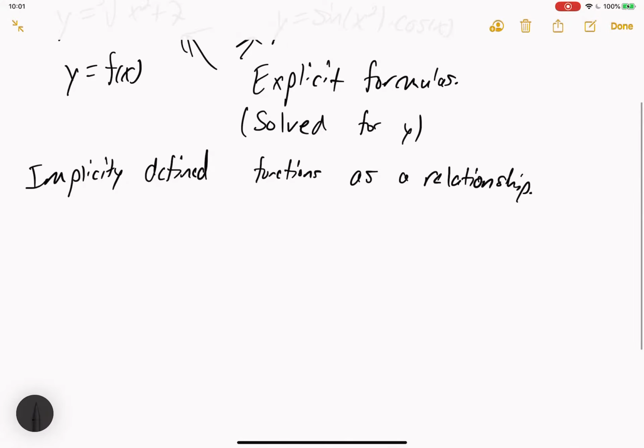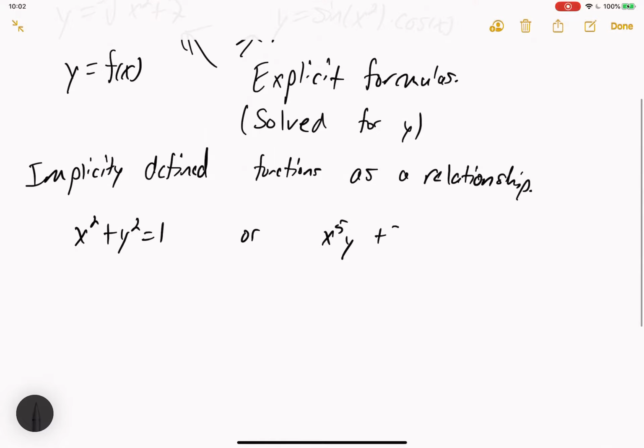So the first one we could have is x squared plus y squared is equal to 1. Or it could be x to the fifth y plus 7x y cubed is equal to cosine of xy. This first one is a circle. But we have x's and y's on the same side, and you can't really solve for y and get a unique answer.